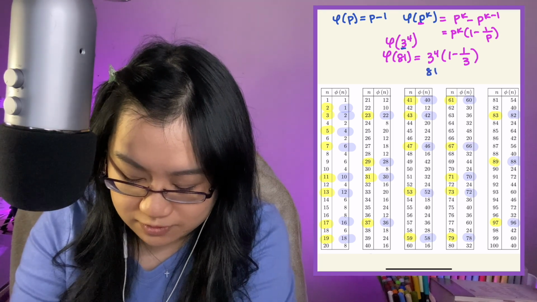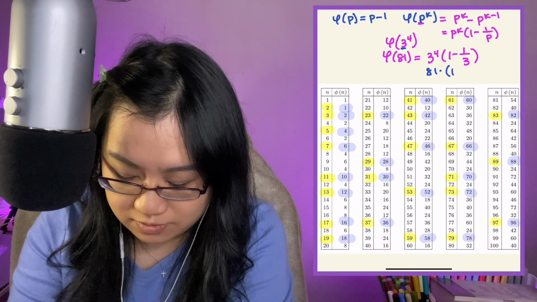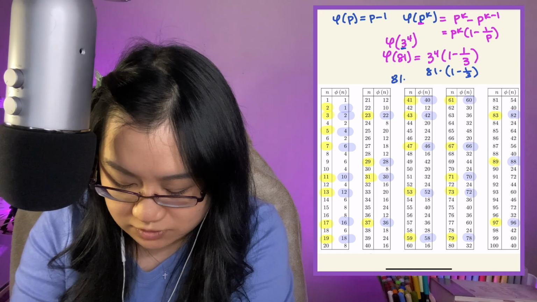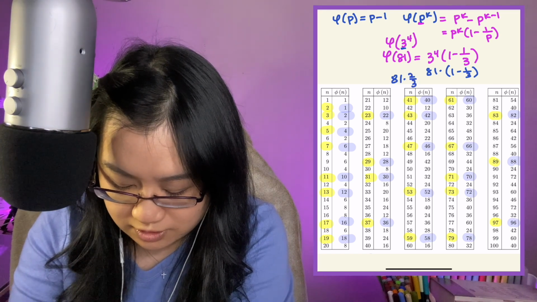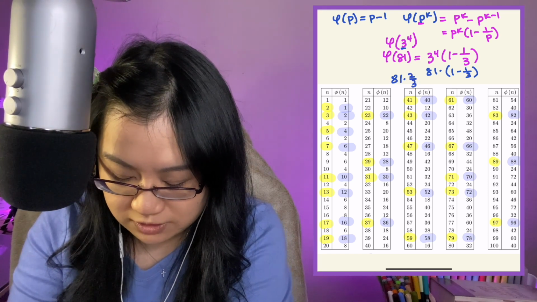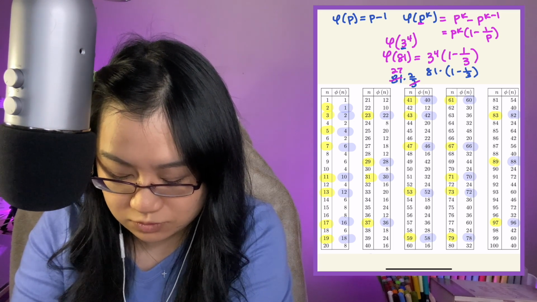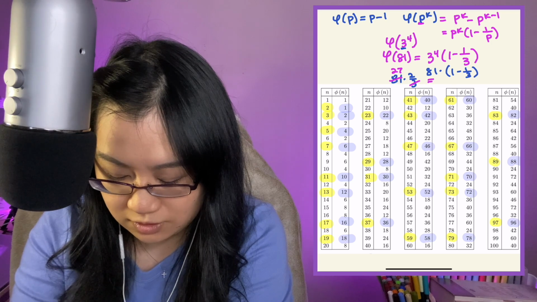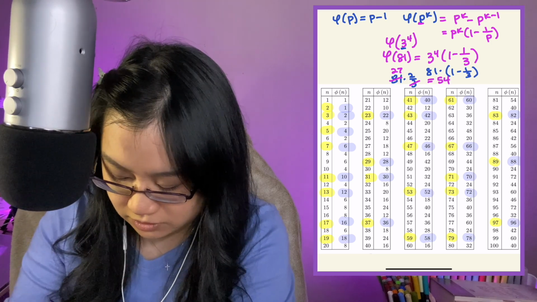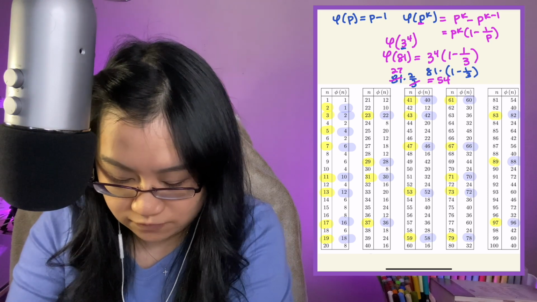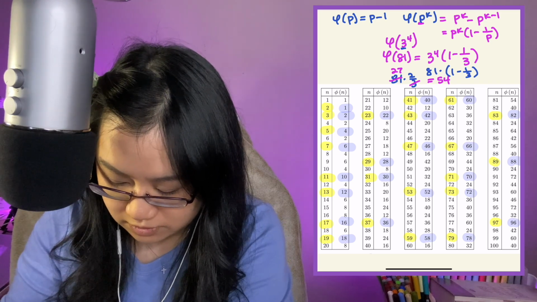So it's 81 times 1 minus 1/3, which is 81 times 2/3. This is just some arithmetic here, but 81 and 3 cancel to be 27. So 27 times 2 is 54, right? So if we look up 81, it should be 54.